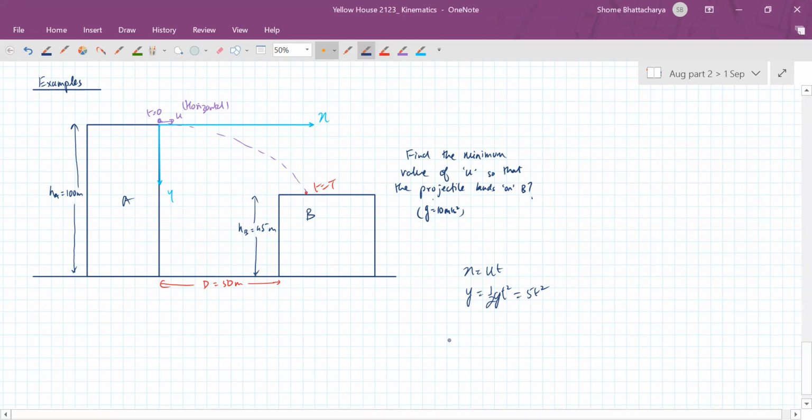Now you can see that at t equal to capital T, what should be the value of y? It should be HA minus HB, right? So it should be 55 meters.